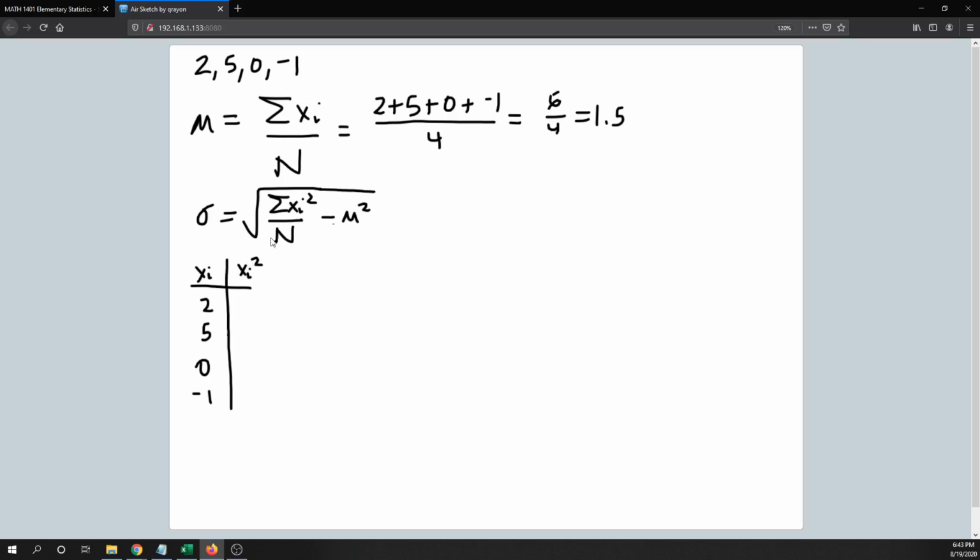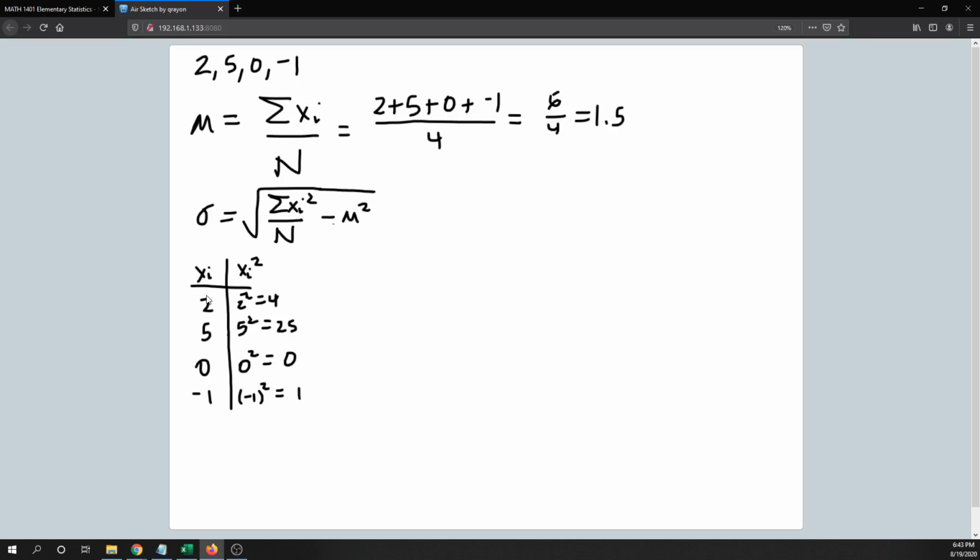We would square each of these, right? So 2 squared is 4. 5 squared is 25. 0 squared is 0. And minus 1 squared is 1.